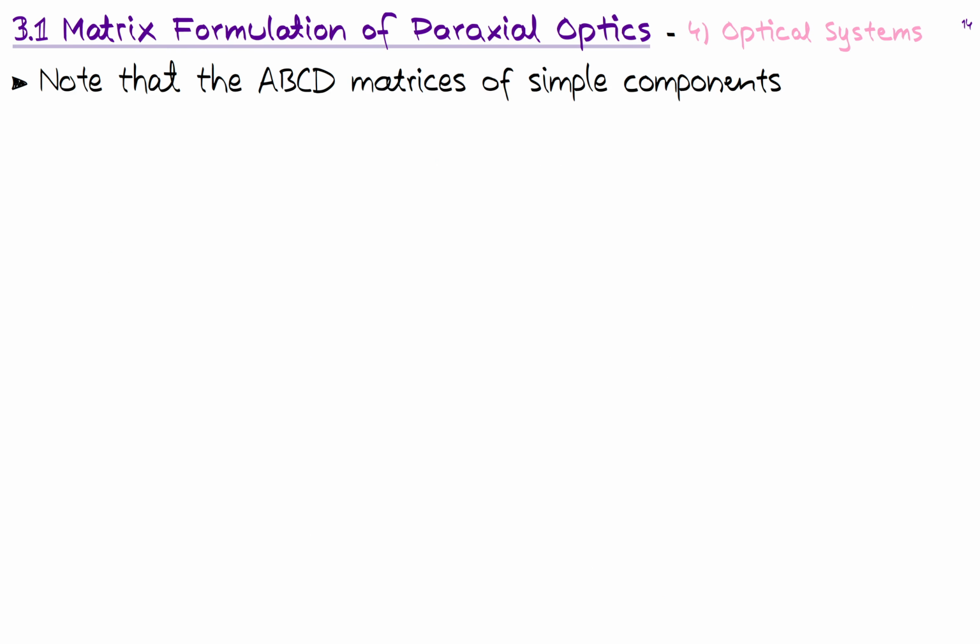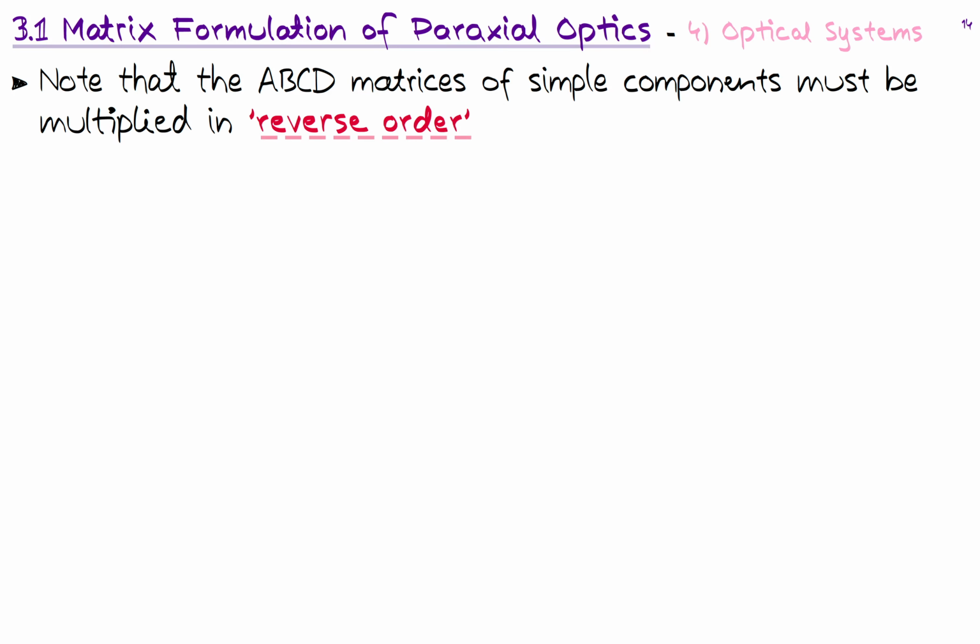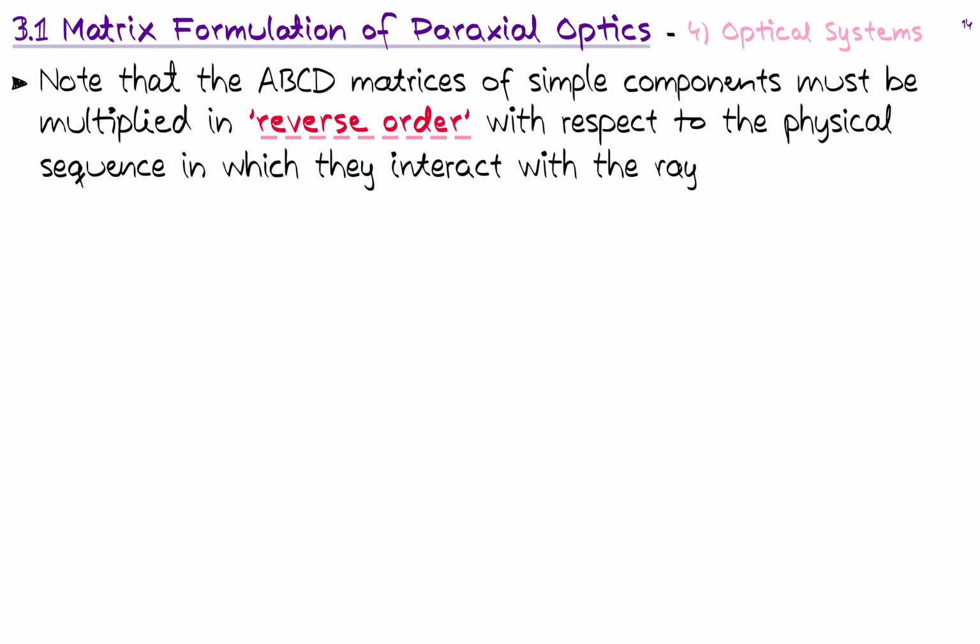And please note that these ABCD matrices of simple components we must multiply in reverse order with respect to the physical sequence in which they interact with the ray. But there is nothing surprising here. The order is such that you start with the input ray, and then you multiply first with the matrix of the first element the ray hits. After that, you will have an output ray, and that output ray then interacts with the second element and so forth.